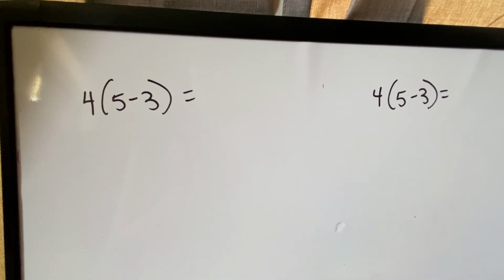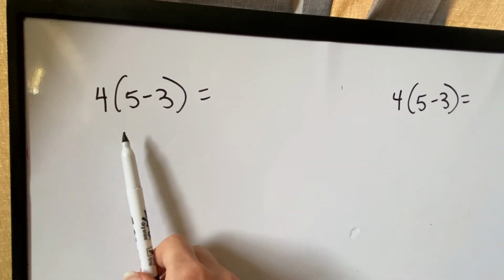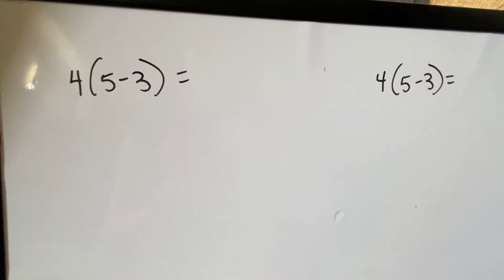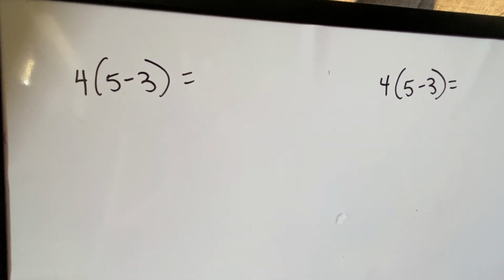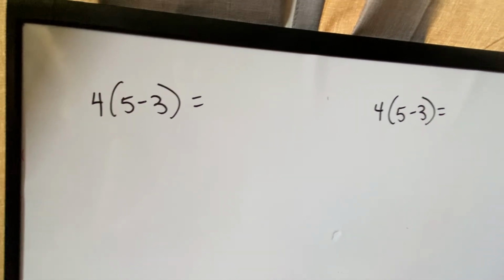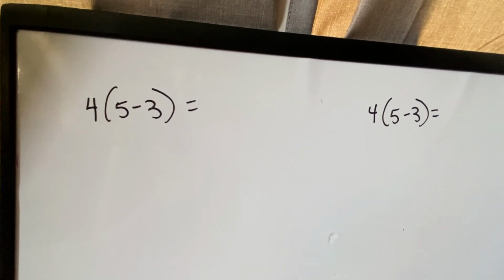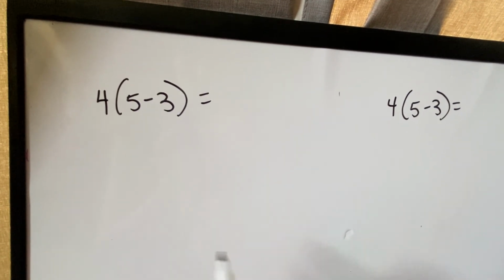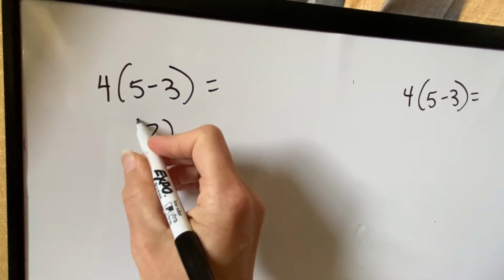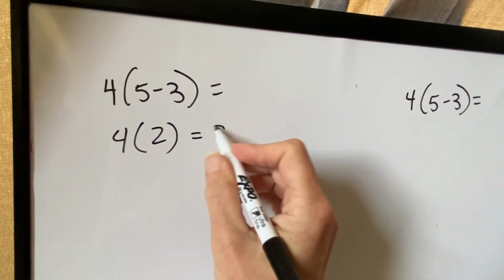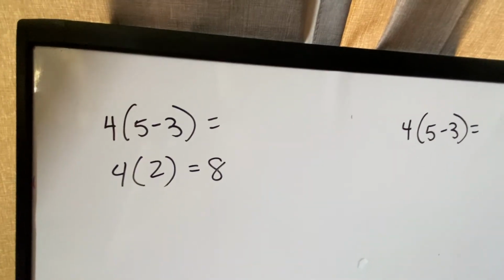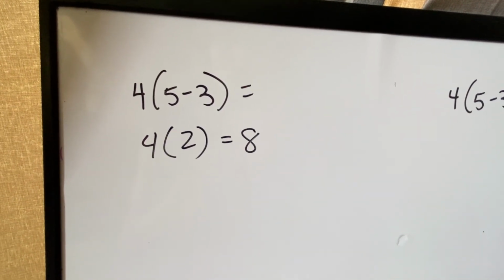So let's go to this right here, 4 times parentheses 5 minus 3. We want to do the parentheses first, just like in our normal order of operations, where we work from the inside out. So 5 minus 3 is 2. 2 times 4 is 8, okay? Excuse me. So that's really easy, okay?